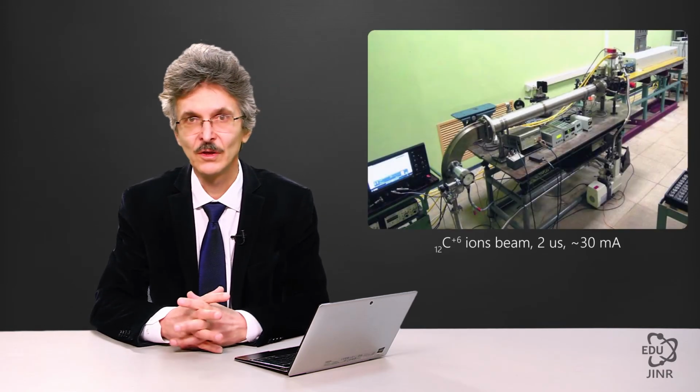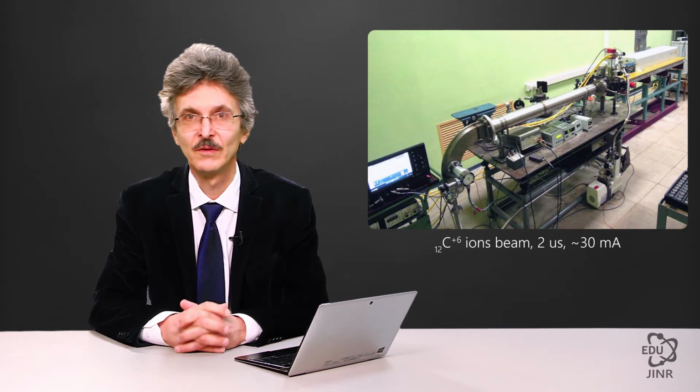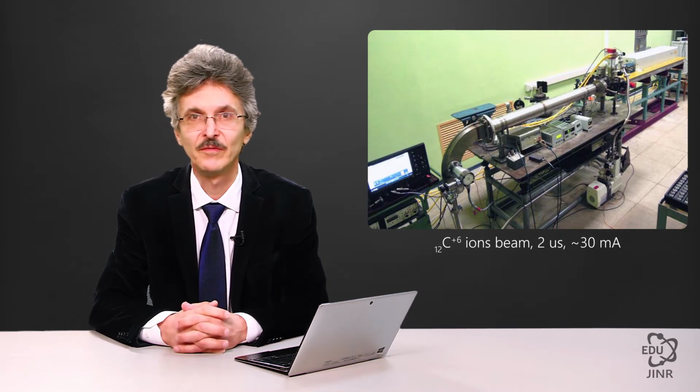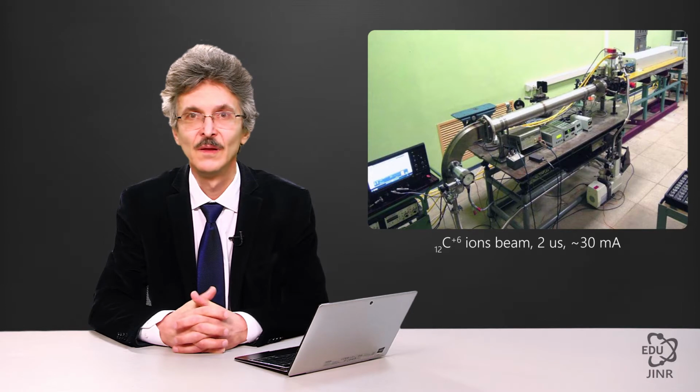For example, fully stripped carbon nuclei may be generated with the use of a laser that we already have, with a strength of around 30 milliamperes and an impulse duration of up to 2 to 4 microseconds. Such a laser source, based on a solid-state laser, has been used during a run of the Nuclotron.